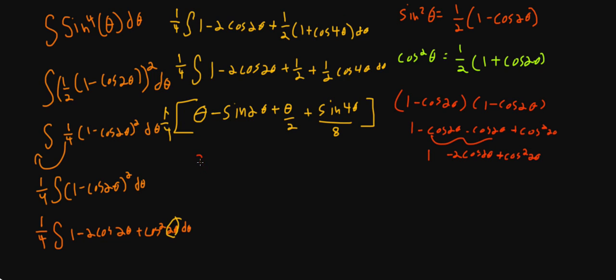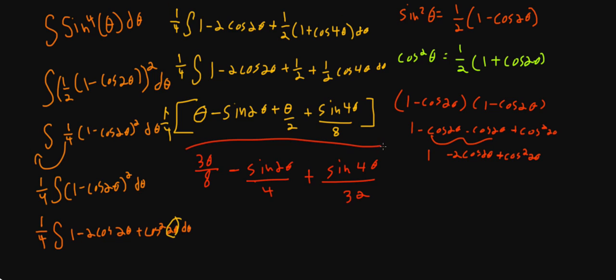So we get 3 theta over 8, because it was 3 theta over 2 times 1/4, minus sine 2 theta over 4, plus sine 4 theta over 4 times 8, which is 32. And this right here is our answer.